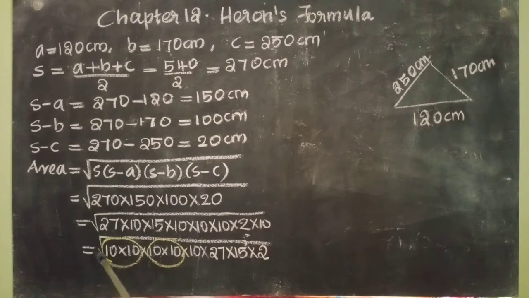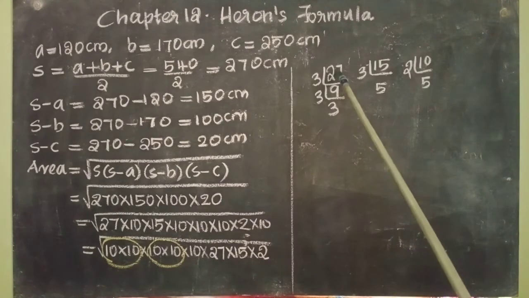Here you can see 2 pairs of 10 we got. The remaining all numbers we need to factorize. You can see 2 is a prime number. We cannot factorize again. The remaining 3 composite numbers let us factorize.